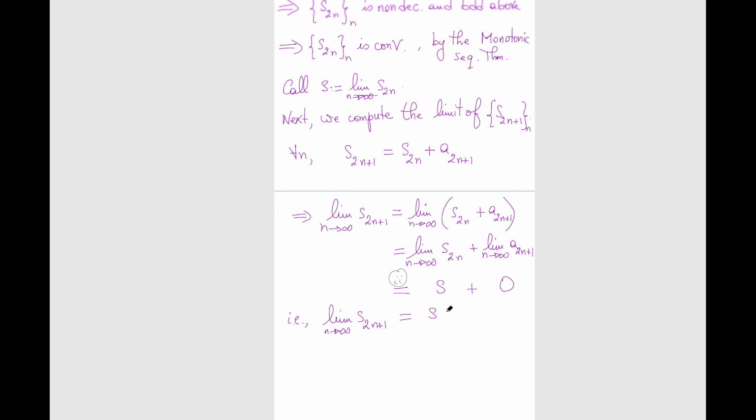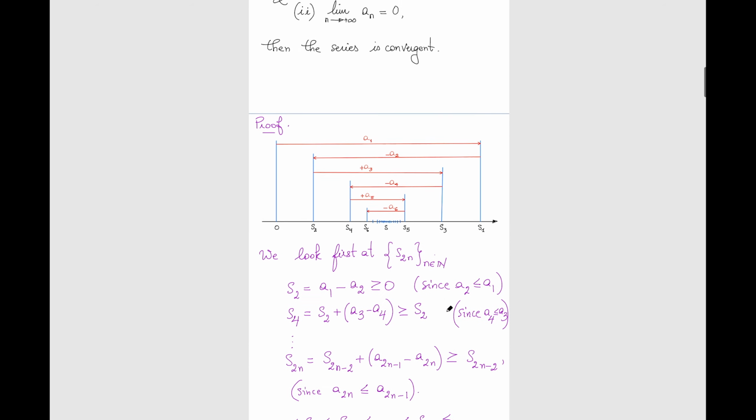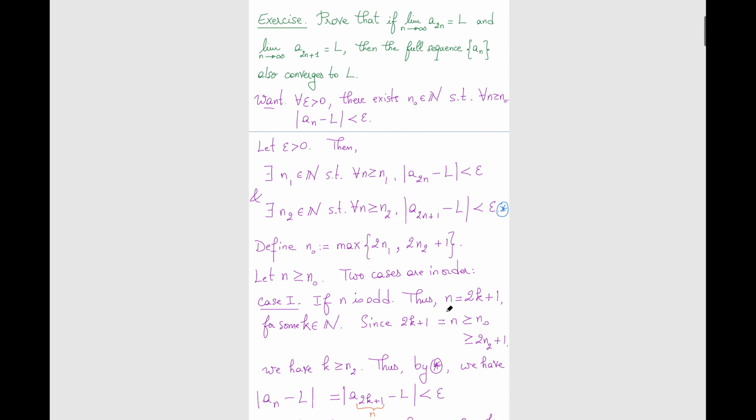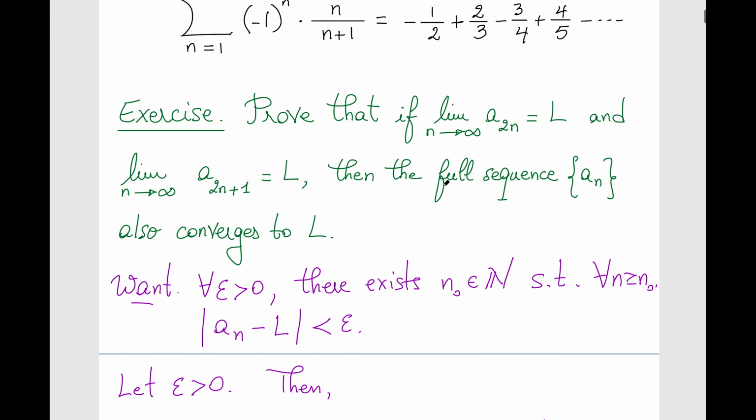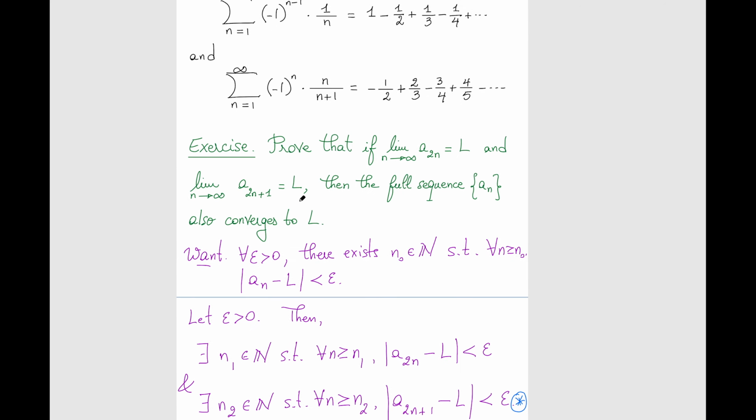By the previous exercise, the one written in green here, we can say that the full sequence of partial sums is also converging to that limit L, which is S in our case.